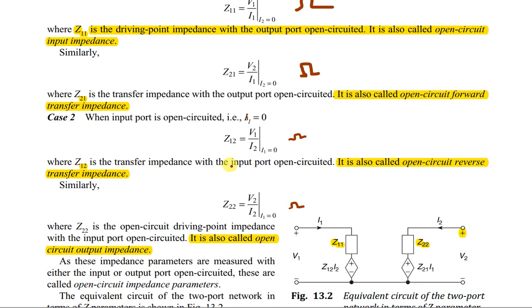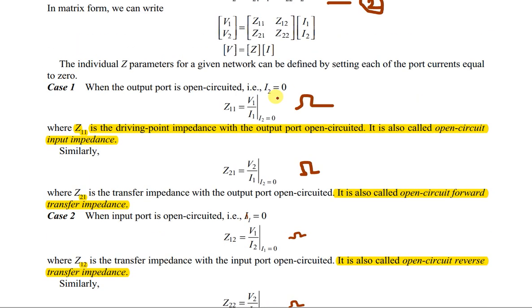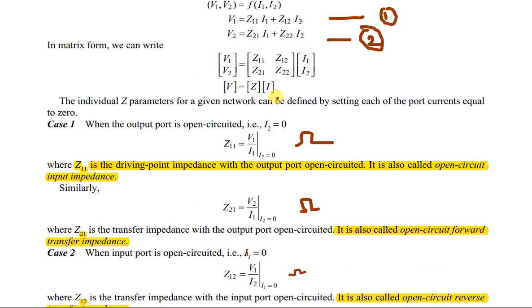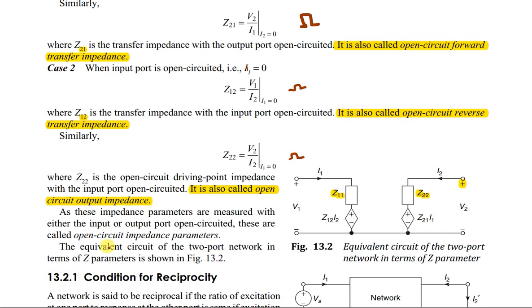And why is it called open circuit? We expressed V1 and V2 in terms of I1 and I2. So in order to make I2 equal to 0, the output side should be open circuit. In order to make I1 equal to 0, the input terminal should be open circuited, so that you can find the Z parameters. So this is about Z parameters.